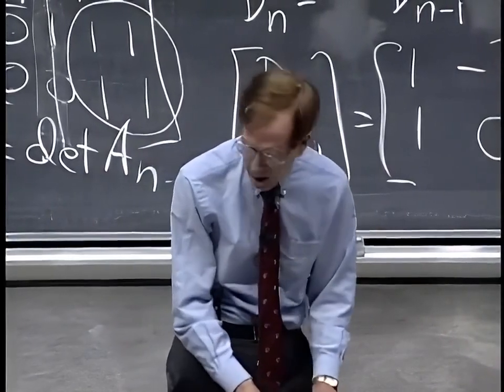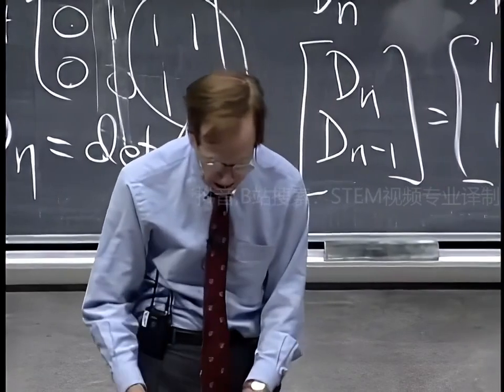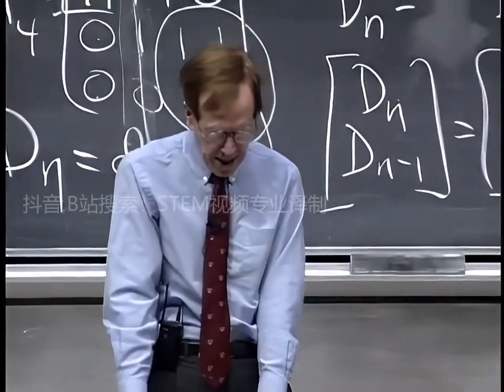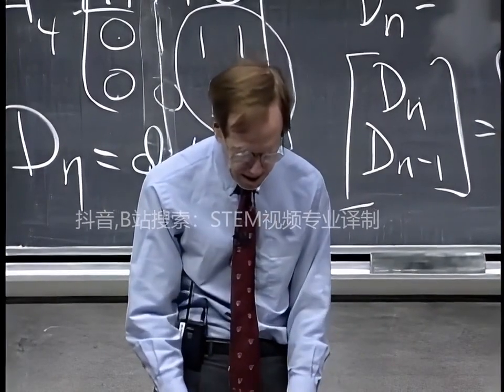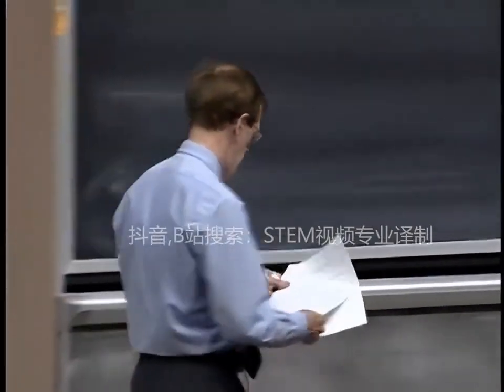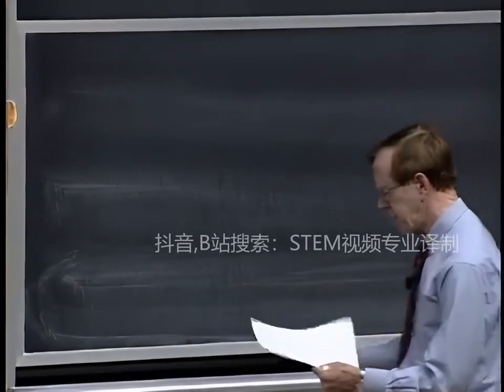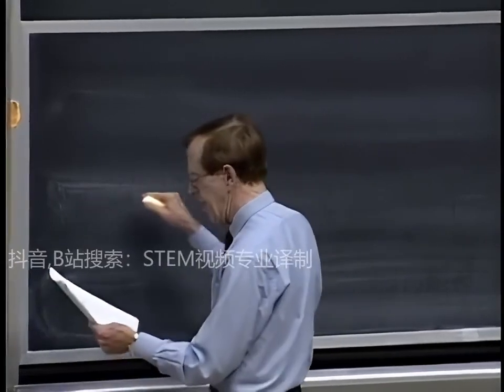Let's see. Could I also look at a final exam from 1992? I think that's, yeah, let me do that on this last board. A lot of the questions in this exam are about a family of matrices.